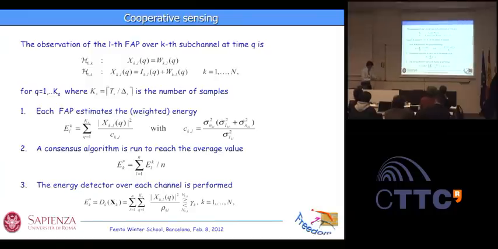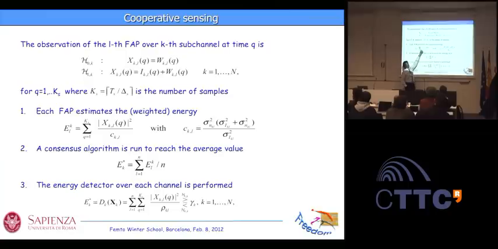Okay, now the usual detection problem. So here I'm going to use the simplest form of detection, which is the well-known energy detector. So what we say is that over each channel we have two hypotheses, either noise alone or noise plus interference. We estimate the energy over each channel.